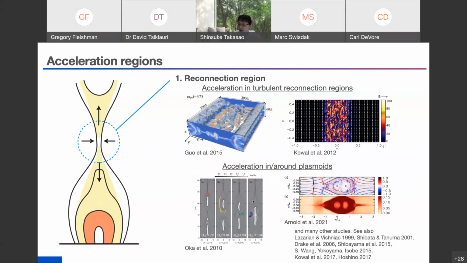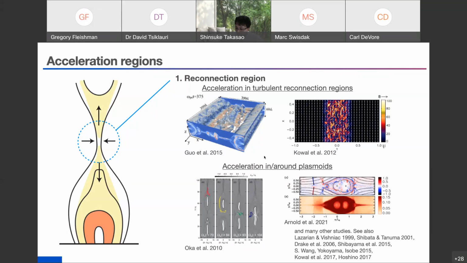As you may know, many studies focus on the reconnection region to study the acceleration processes. High spatial resolution simulations have shown that reconnection sites are generally turbulent, and stochastic acceleration seems to work efficiently.